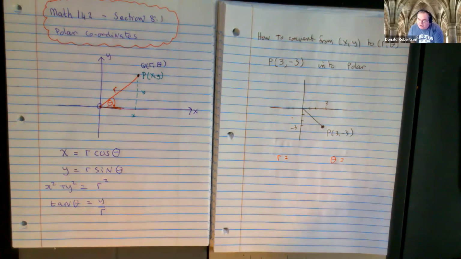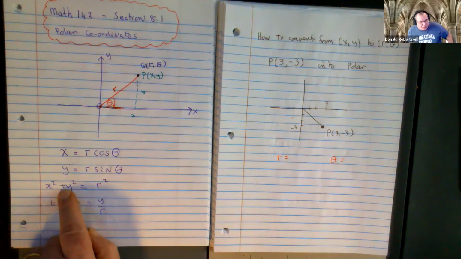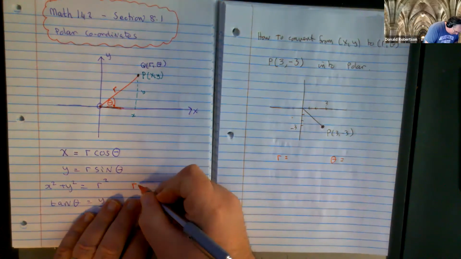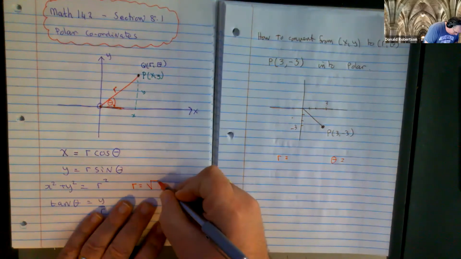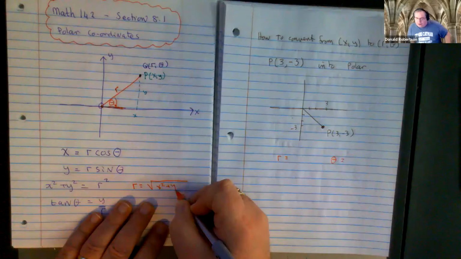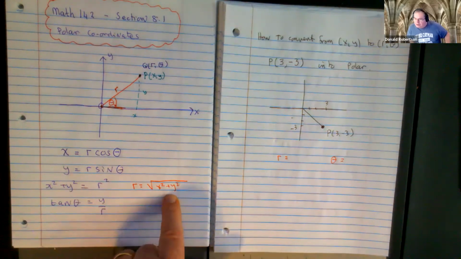So far, so good. There are formulas for doing that. Do you see this guy over here which says that x squared plus y squared equals r squared? If I rearrange that and I use the positive value, which is the normal one to use, won't r be the square root of x squared plus y squared?